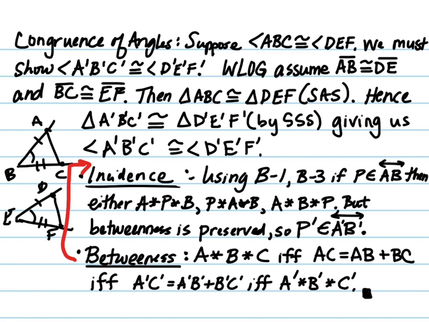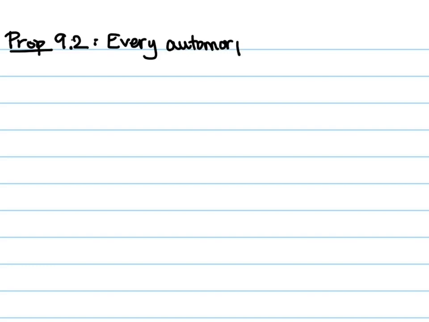All right, is everybody caught up? Fabulous. Proposition 9.2, we're not going to prove this one, says the following. Every automorphism preserves angle measure.